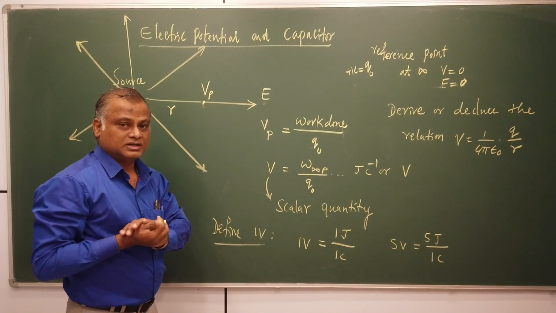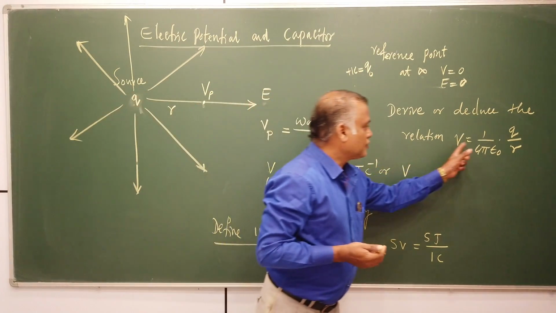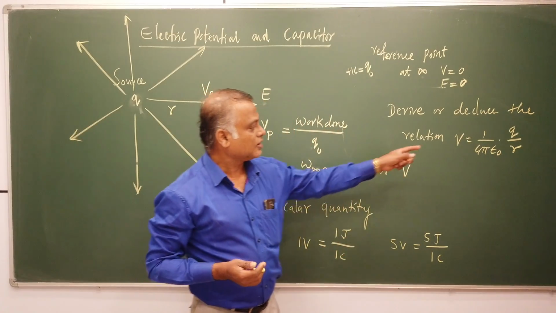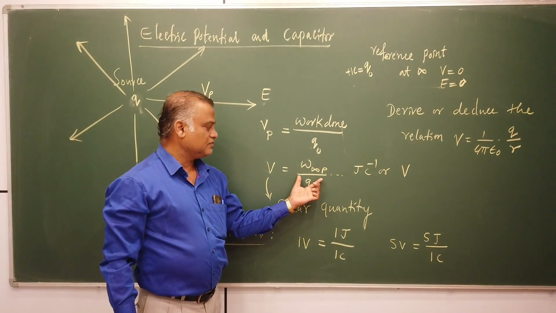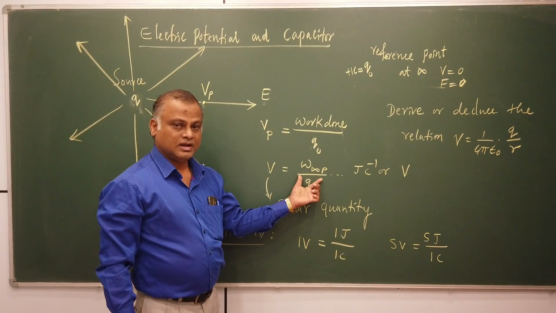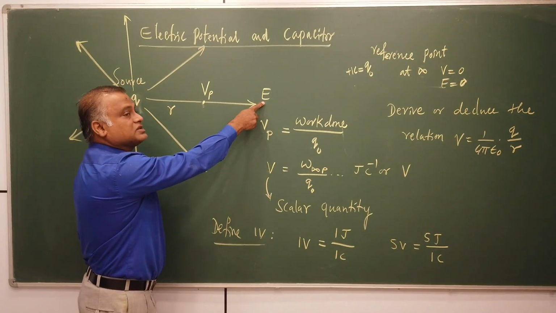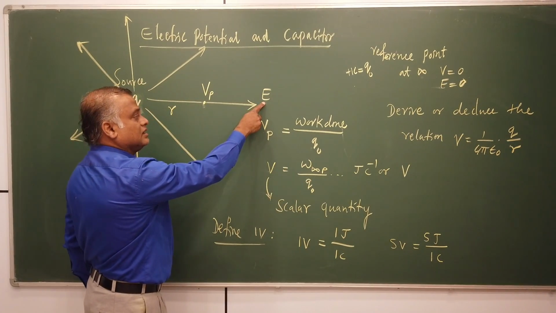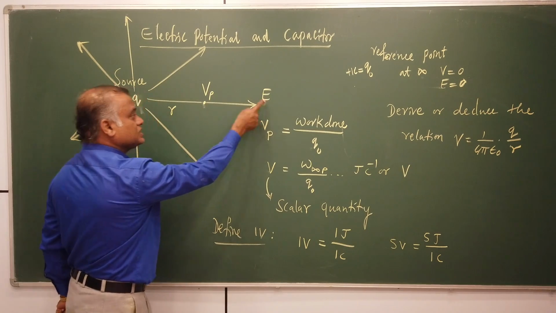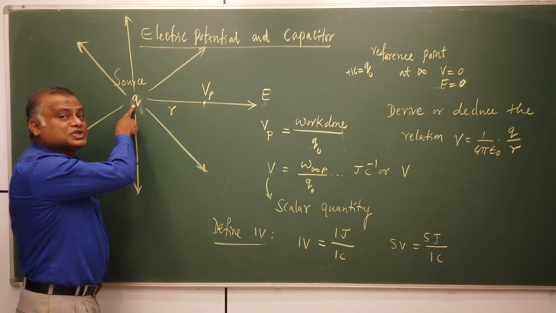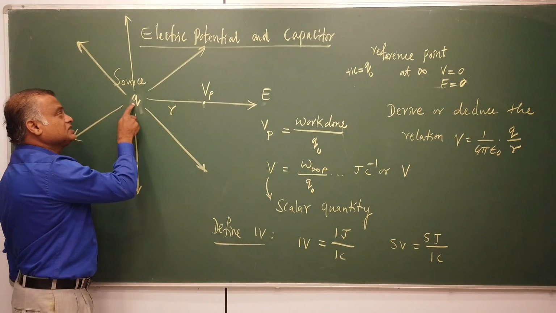Listen, my dear students. To prove this formula, you must have a basic definition of this. And who is producing this electric field? This electric field is produced because of the source charge. This is the given charge.